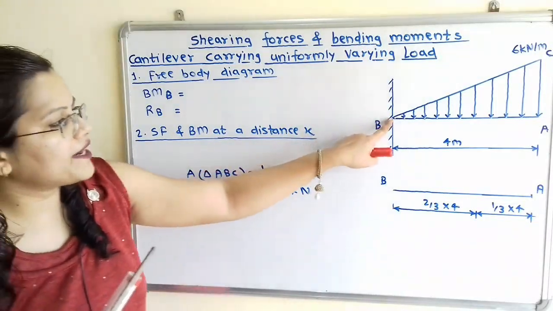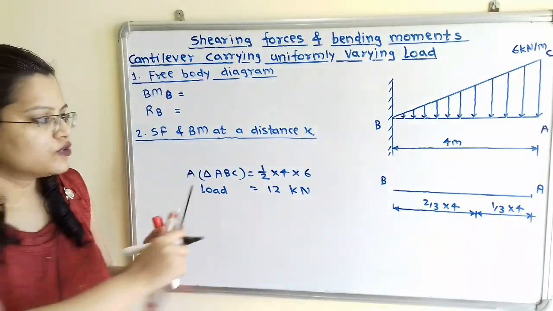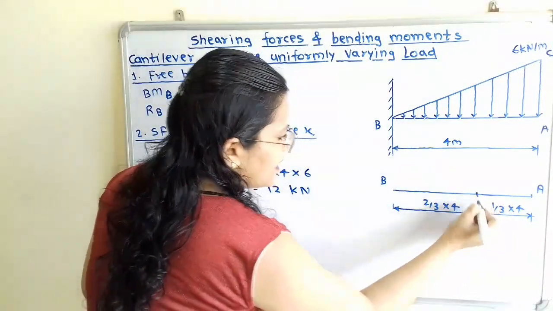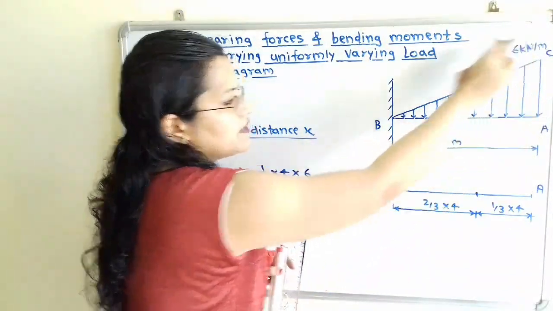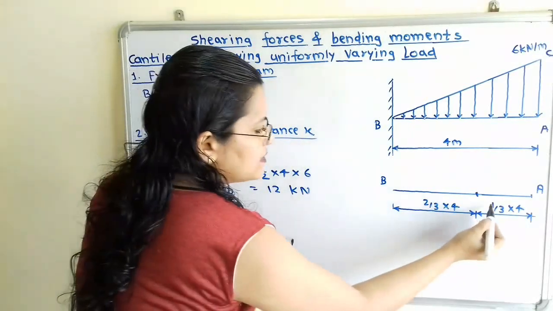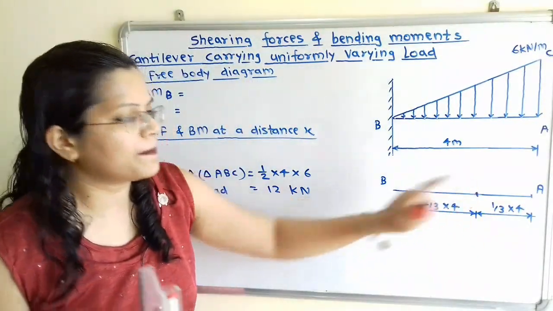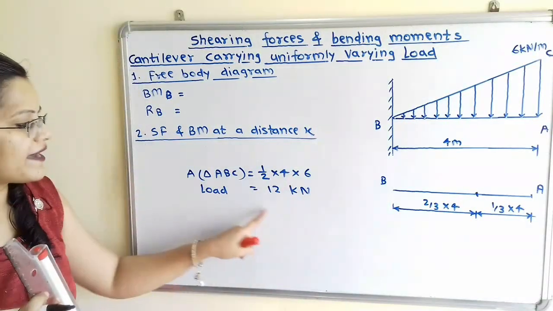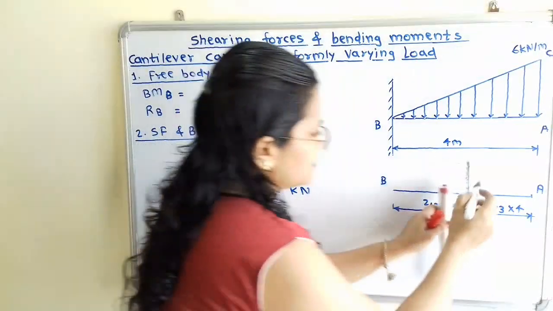So from this point B, it is at 2 by 3 multiplied by 4 distance. We will mark one point at that distance, and from this end A, because end A is with maximum load, it is at a distance 1 by 3 multiplied by 4. So this is the point of application of the load, and the magnitude of that load is equal to 12 kN. We will mention it here.